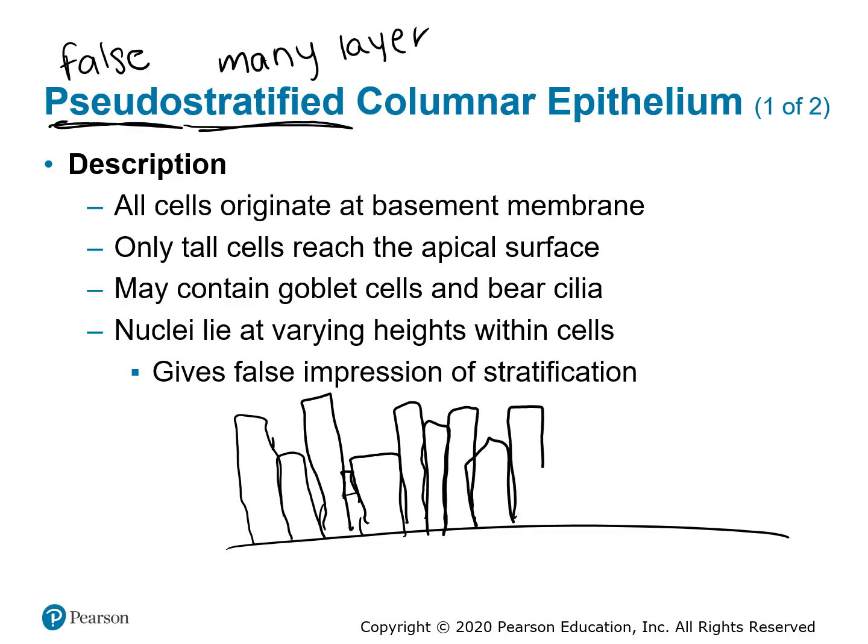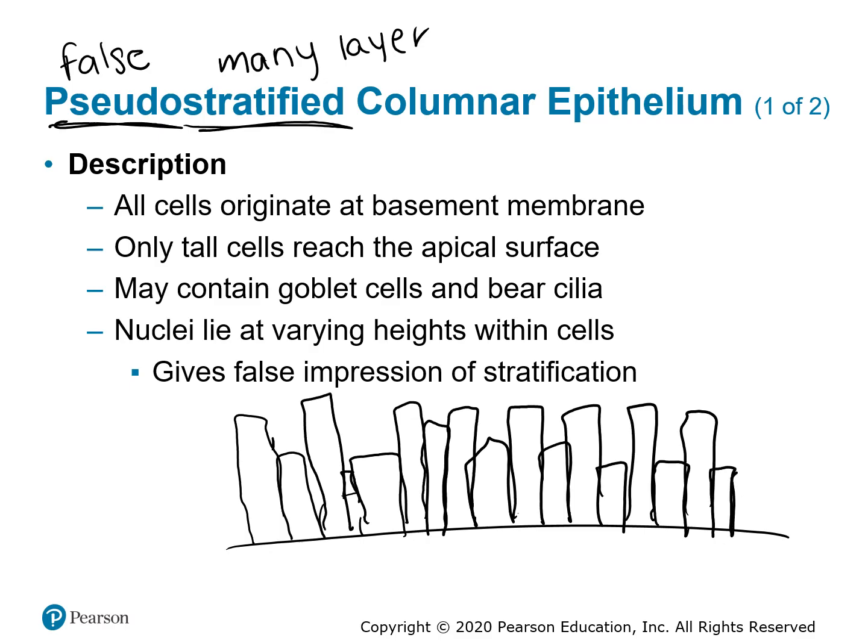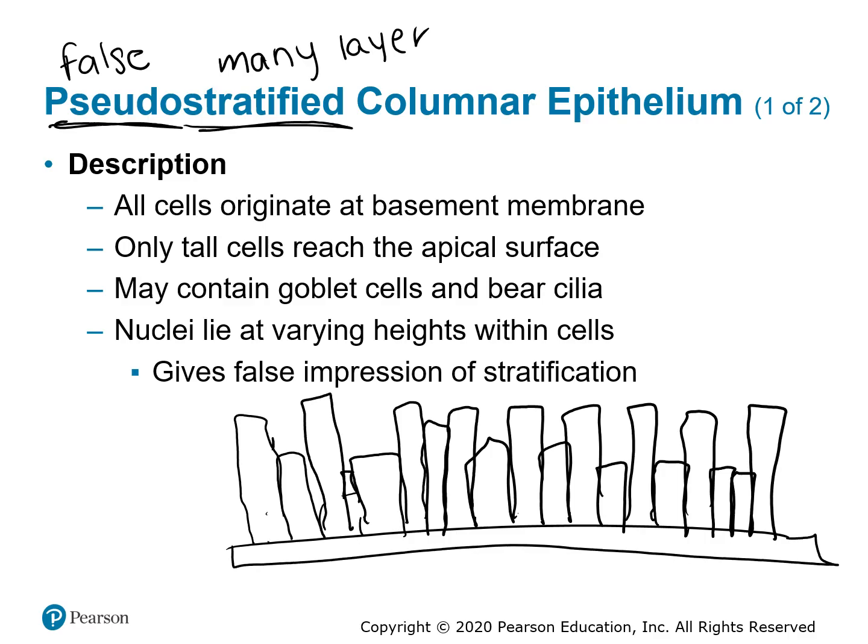So not all of the cells will make it to the very top where that apical surface would be. But that does not mean that they are different layers. They all start with the same basement membrane. So our pseudostratified columnar epithelium, those guys are the fakers. Only the tall ones get to the apical surface.